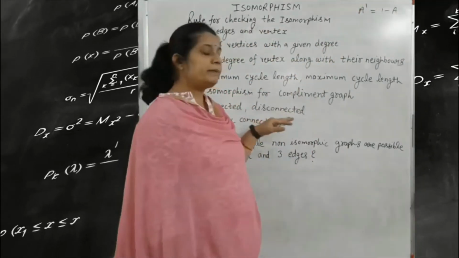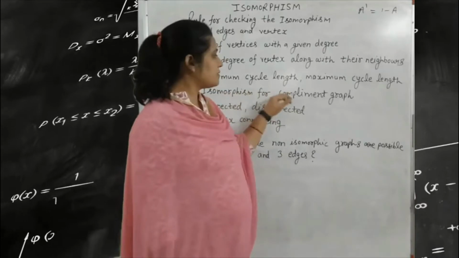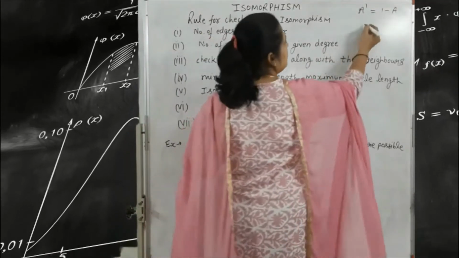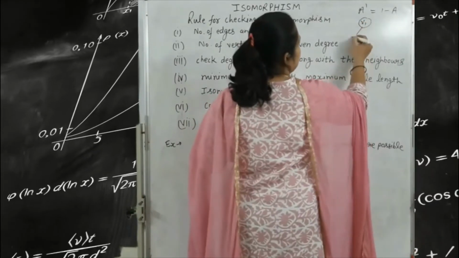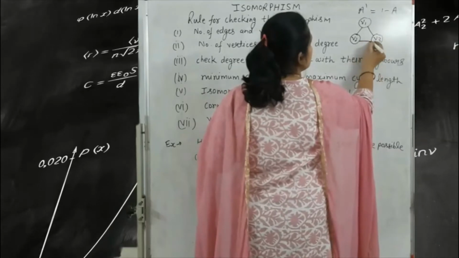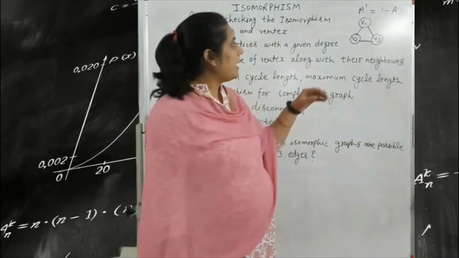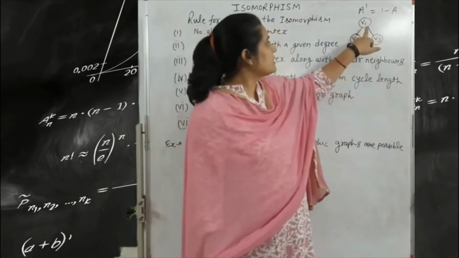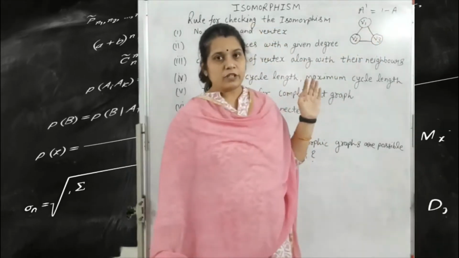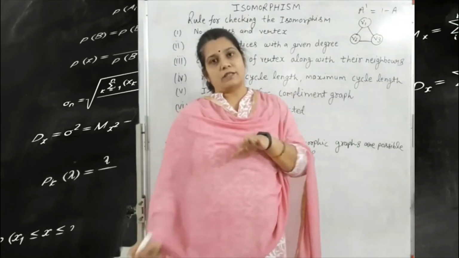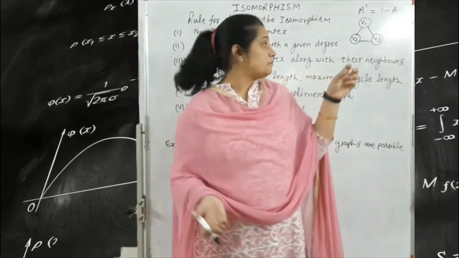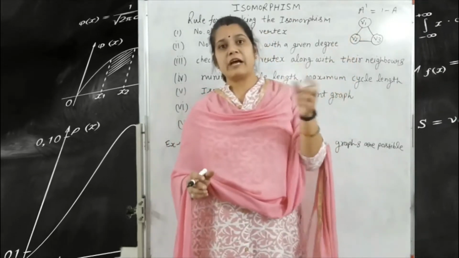Okay. So isomorphism for complement graph, that means what? If we are given a graph, for example, with V1, V2 and V3, this is a closed path. Here V1 has degree 2, V2 degree 2 and V3 degree 2. So complement means just the opposite. All three vertices don't have any degree.